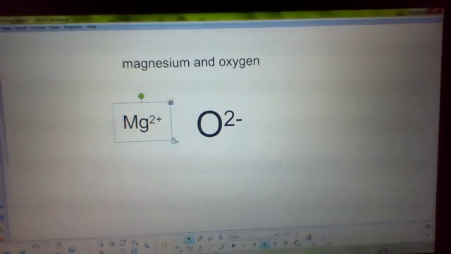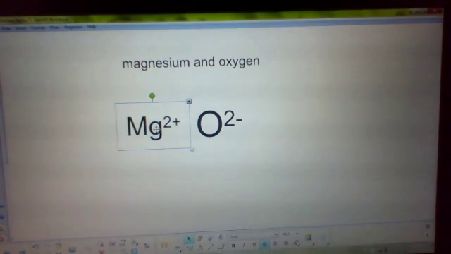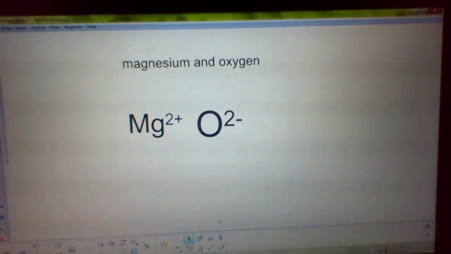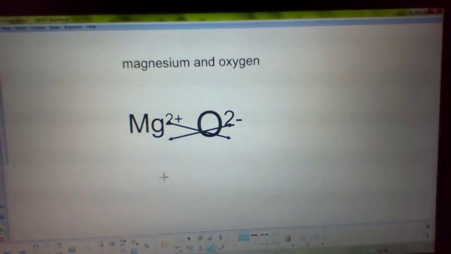Let's make this other one bigger too. So for this, we do the same thing. We wrote the charges, we wrote the symbols. Now we cross them, and we rewrite it so we're only left with the numbers as subscripts, or the numbers on the bottom, and the charges go away.